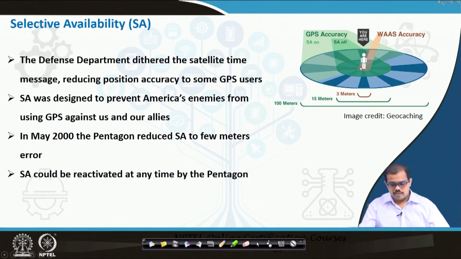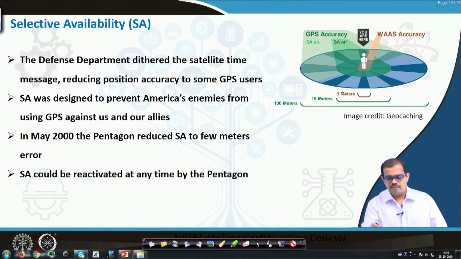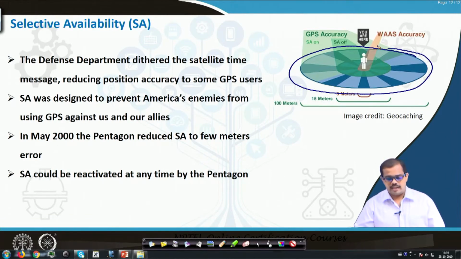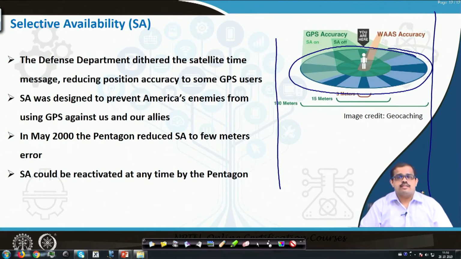And when you look at this particular image here, if we consider this as the entire system that is being tracked, this is the entire region.